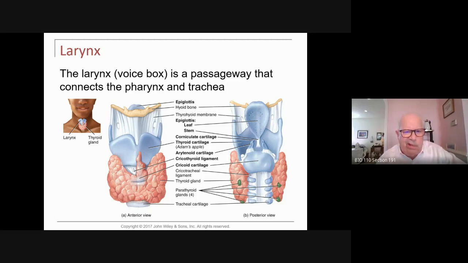What's the first thing we do in someone who has stopped breathing? How do we breathe for them besides giving them mouth to mouth? Would it be a ventilator? Yes, we put them on a ventilator. And before we put them on a ventilator, we have to stick an endotracheal tube into their trachea, correct?